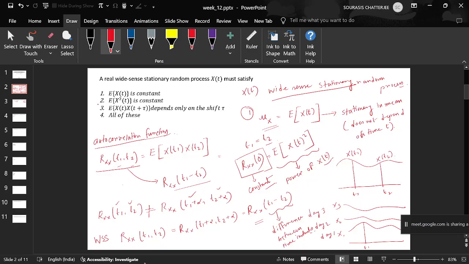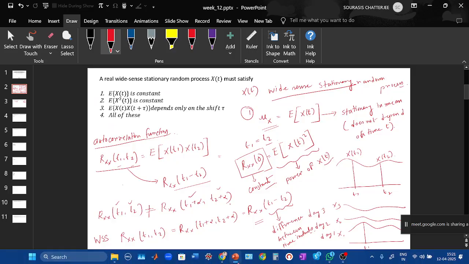And thirdly, this is actually a corollary of this. Since it's a difference between two time instants, when the time instants are the same, that's equivalent to evaluating the autocorrelation function at 0. So you are basically correlating x(t) with itself, which gives you the power of x(t). And you can see from this expression that this no longer depends on time; it is the autocorrelation function evaluated at this particular point, so it's a constant. So for a random process to be wide sense stationary, all three properties should hold, 1, 2, 3, so the fourth option is the correct answer here.